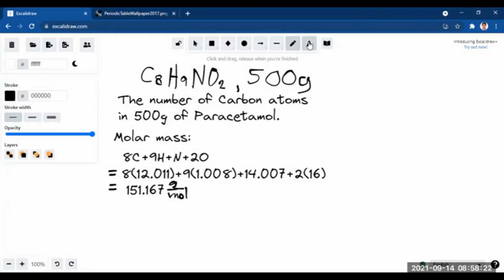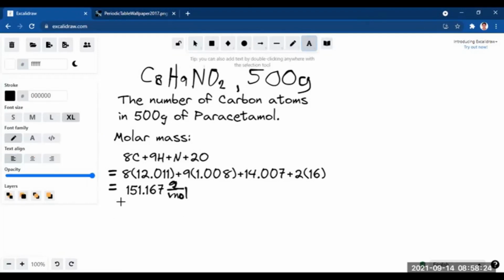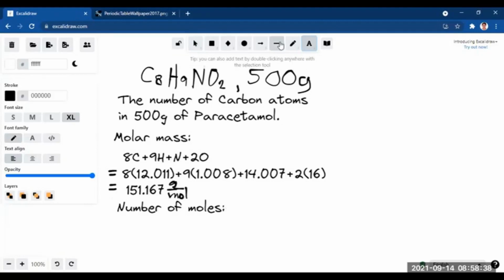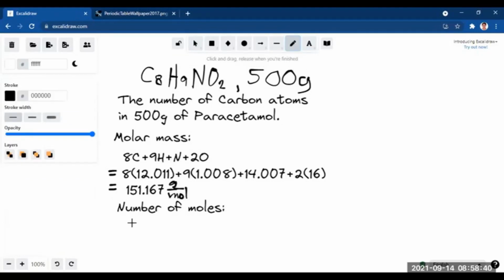The next step is to look for the number of moles. For the number of moles, we will be using our given mass, which is 500 grams, times our molar mass.